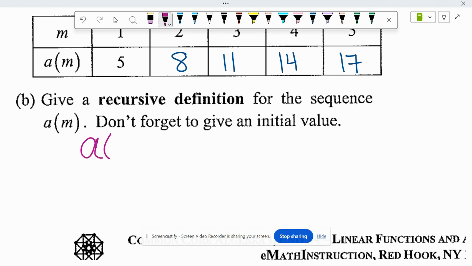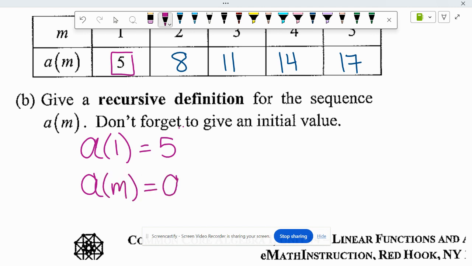So a sub 1, when I let the number of months m equal 1, what is my output? When I first started doing this, what was my output? 5. A sub 1 is 5. Okay. So the recursive definition, a sub m equals, well, we're taking the m term, and we want to find the one that came before it.